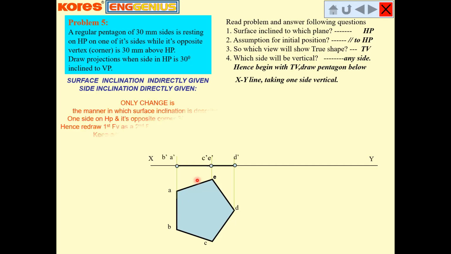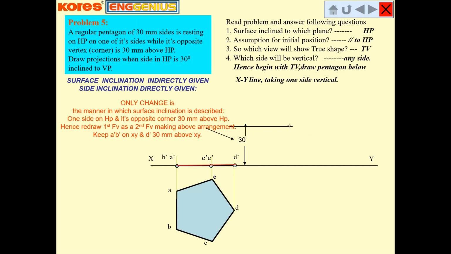Now they have not given us the surface inclination. So for that, what we need to do is draw one line parallel to the XY line by keeping this much distance of 30 mm. So by keeping 30 mm distance, we need to draw one parallel line. After that, we need to measure this much distance with the help of our compass and set this much radius on our compass.